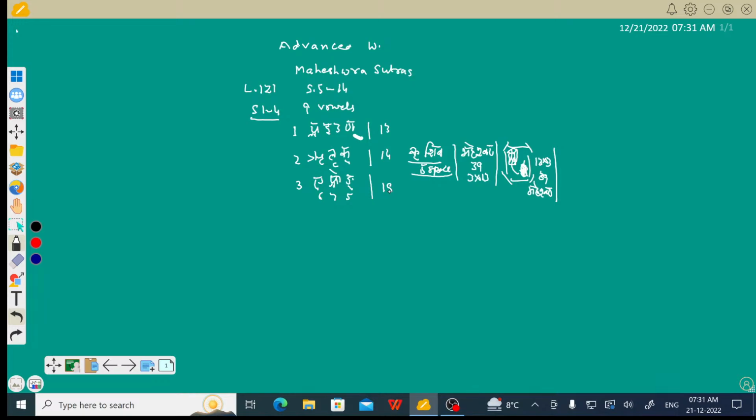Let us now see how this organization is having its sthapatya. 13, as we have seen, is 13-edged cube within 4 space. 14 is hypercube 4. 18 is hypercube 5 of a full unit, and 19 is hypercube 5 of a half unit.